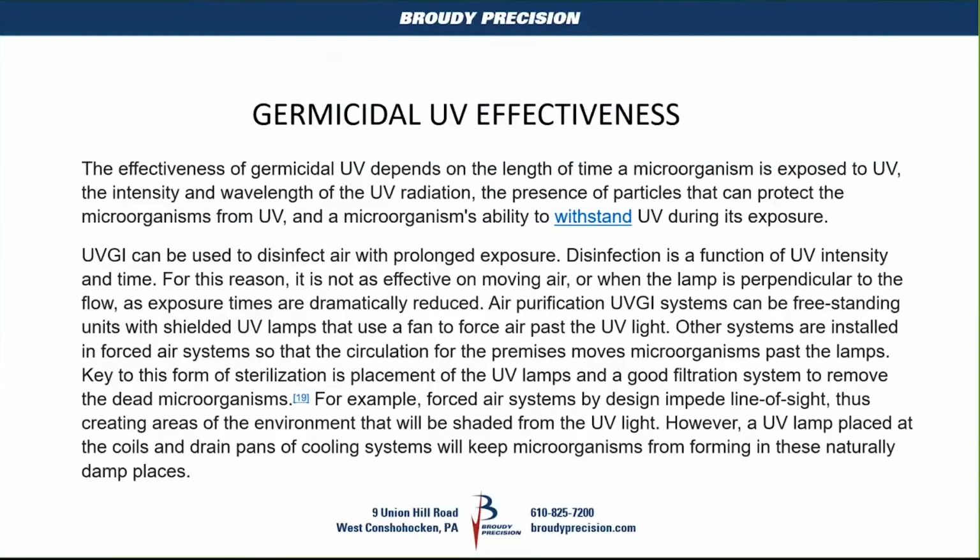So if you put in a UV light rack, UVC light rack, on the leaving side of the chilled water coil, it might take more than one pass of that air to effectively do its job and dramatically reduce the microorganisms.